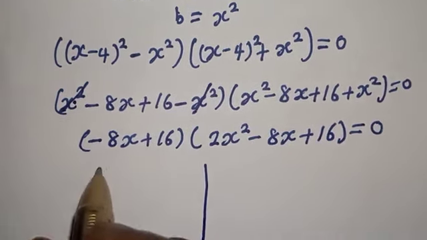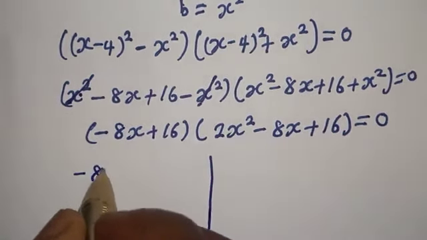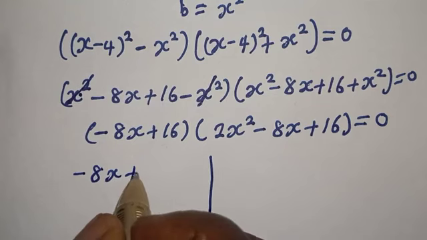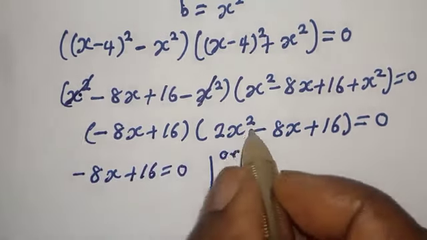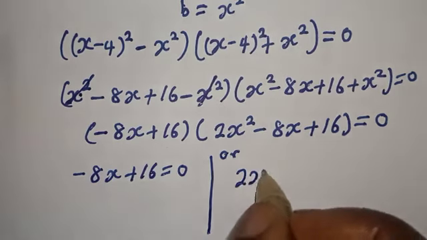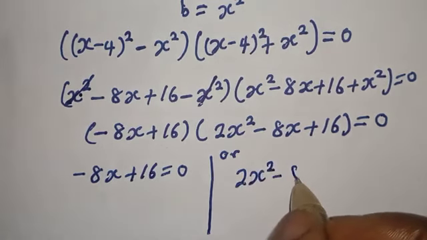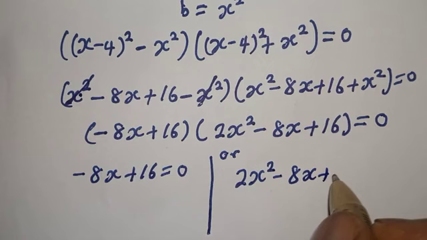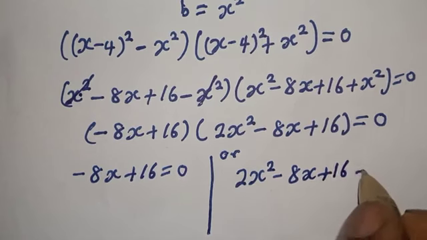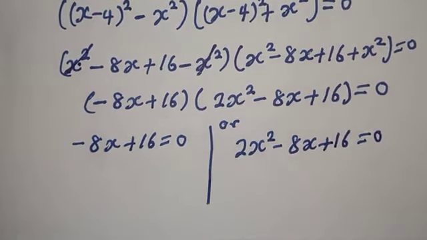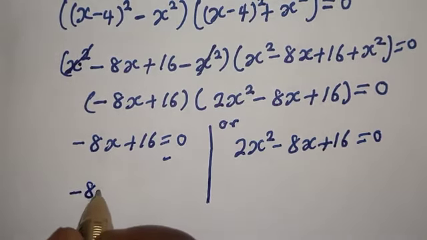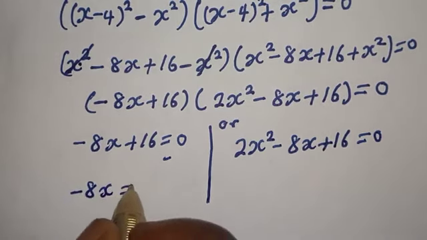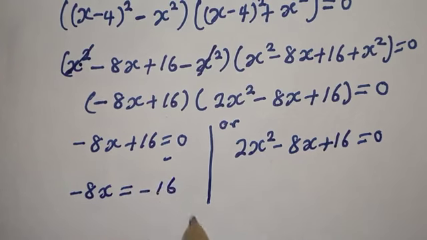The first case is minus 8s plus 16 is equal to 0, or the second case, 2s^2 minus 8s plus 16 is equal to 0. And from here, minus 8s is equal to minus 16.